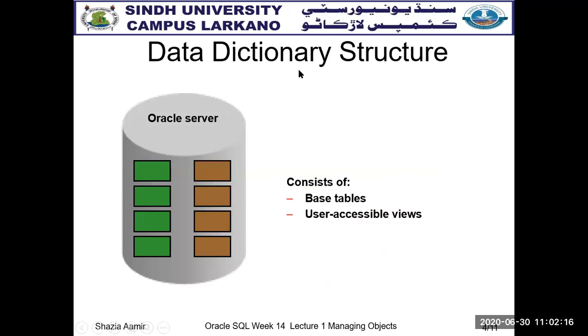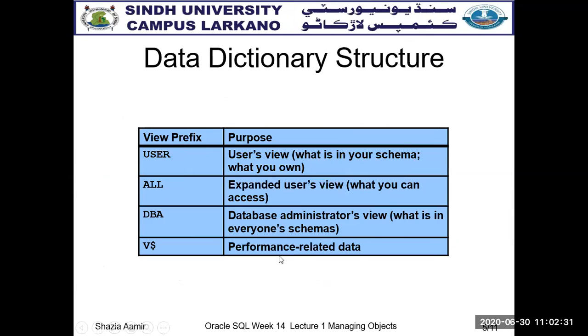Okay. Then the data dictionary structure. What is the data dictionary structure? It consists of base tables and user accessible views. These are the base tables, and these are the user accessible views. Then the data dictionary structure comprises some prefixes. We must write USER, the user view, which is the user schema, what you own.